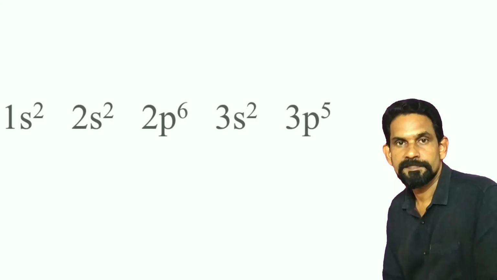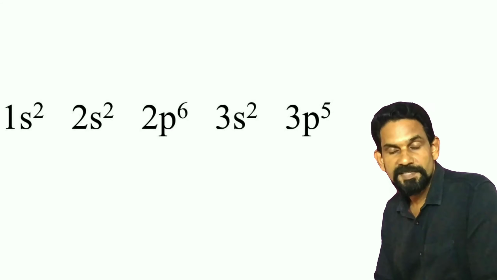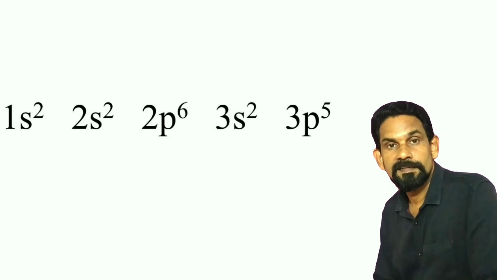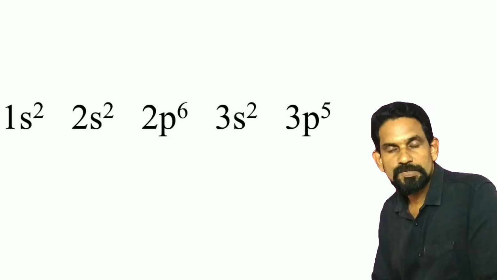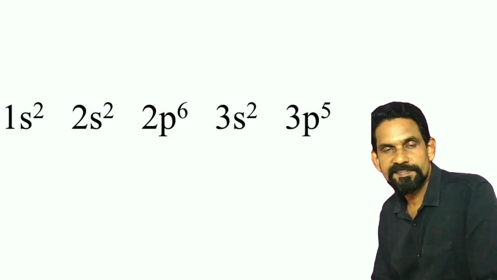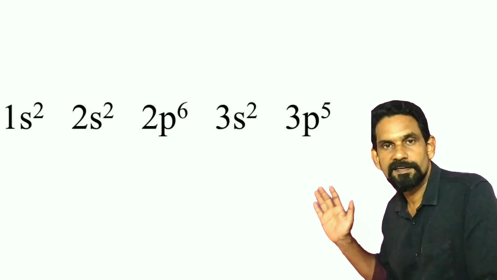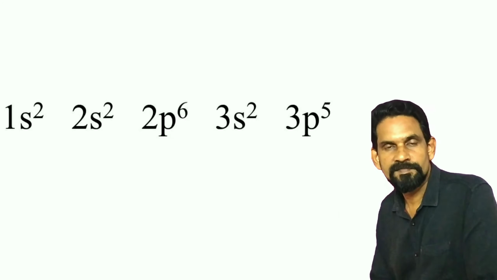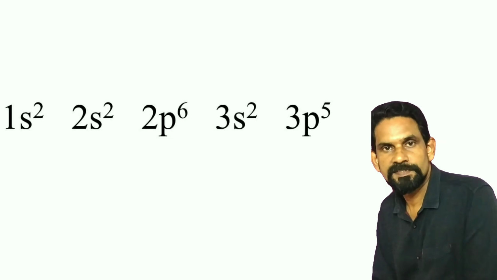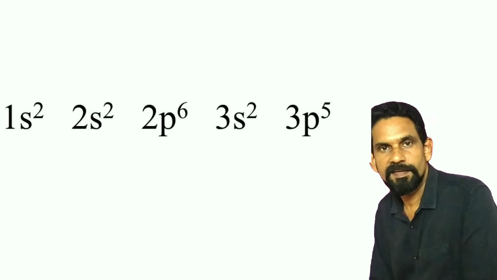Then write the electronic configuration of chlorine. What is the atomic number of chlorine? It is 17. Then its subshell electronic configuration is 1s2, 2s2, 2p6. Now totally 10 electrons are filled. The next subshell is 3s2, 3p.